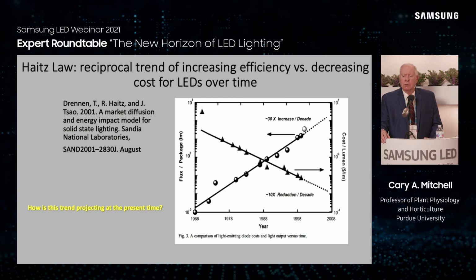Back in the early 2000s, Haitz's law was derived, and it showed that for every decade the LED cost was coming way down and the efficacy was going up. That cuts off before where we are now, but the trend is still going.